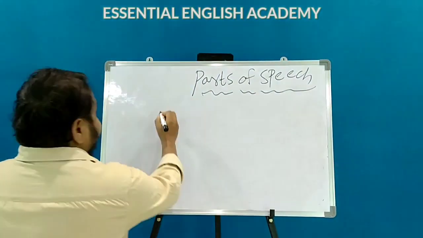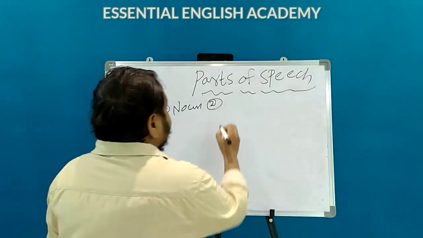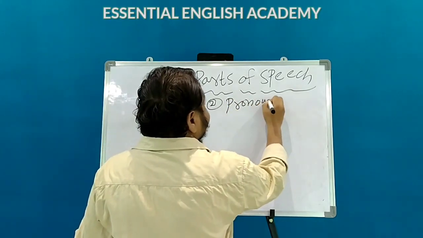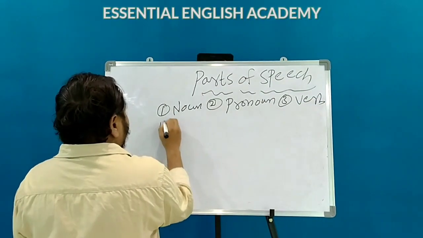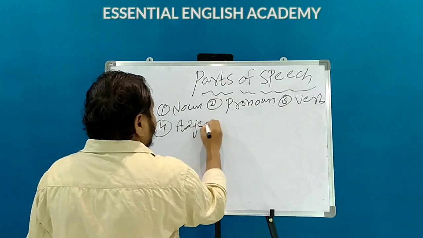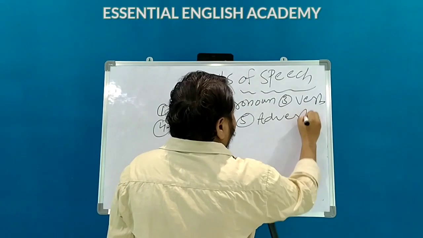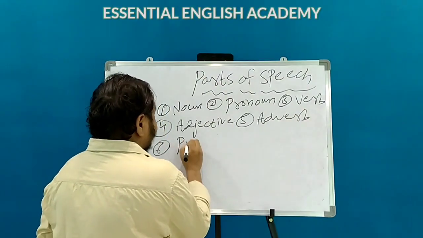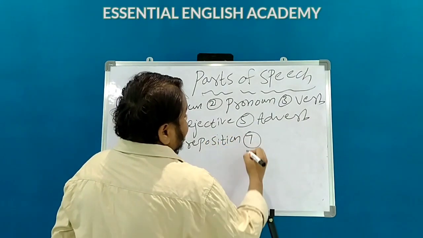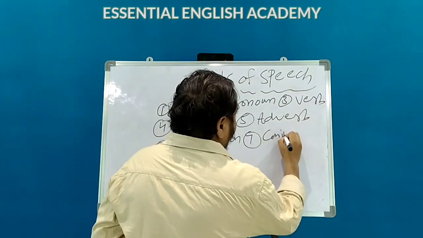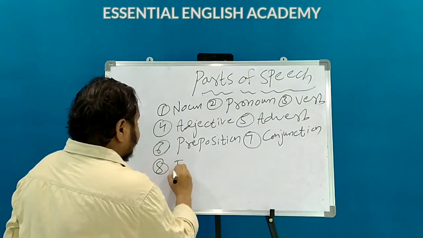They are: number 1, noun; number 2, pronoun; number 3, verb; number 4, adjective; number 5, adverb; number 6, preposition; number 7, conjunction; number 8, interjection.